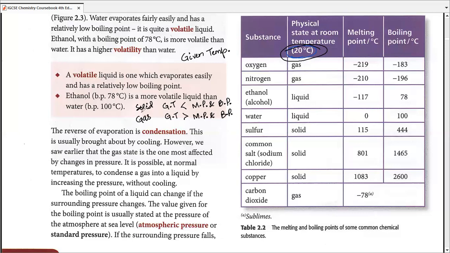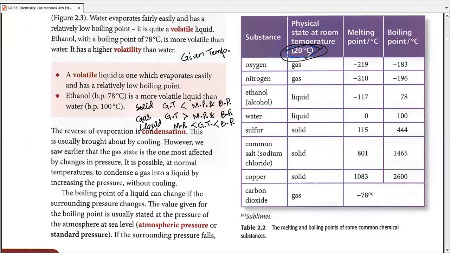And finally, it's a liquid if the given temperature is right in between, meaning it's smaller than the boiling point, but greater than the melting point. Then we're going to call it a liquid. That's the idea we are going to keep, and we can always practice that idea with a couple of questions.